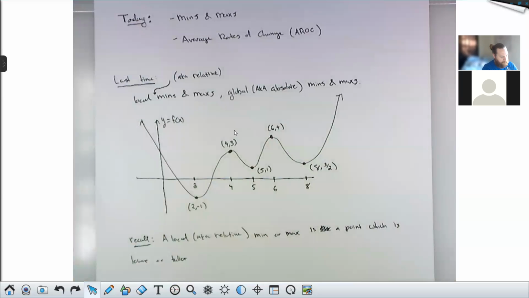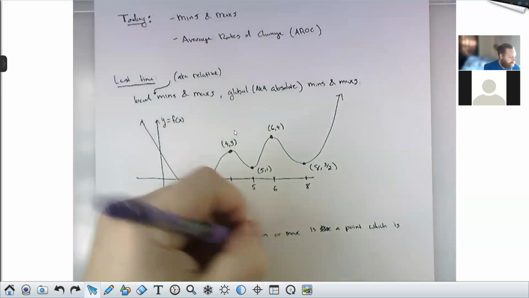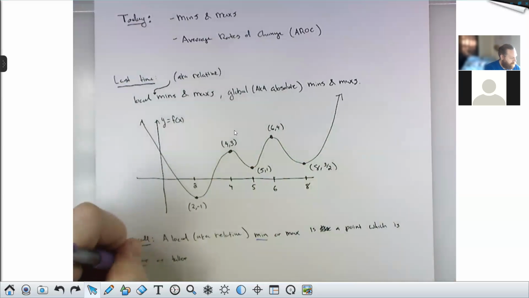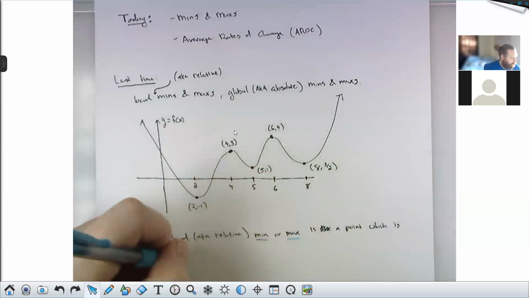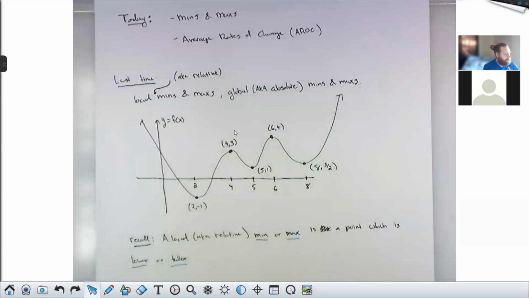Depending on whether you're talking about a min or a max. And this would be lower. Maxes would be taller than any point nearby.